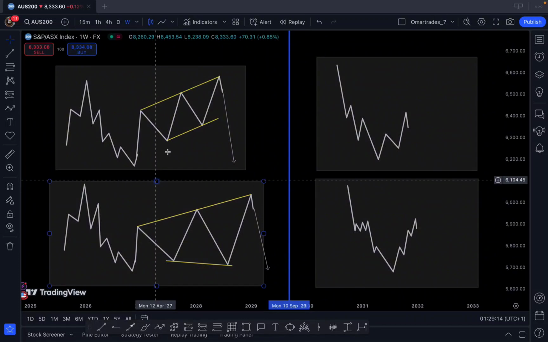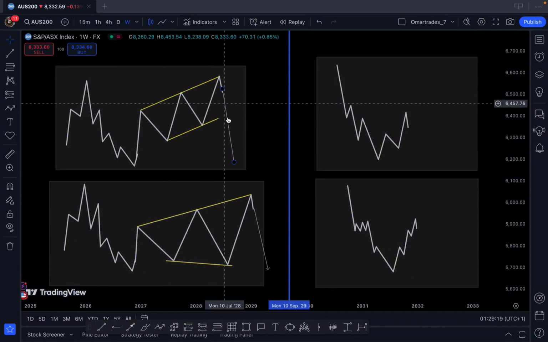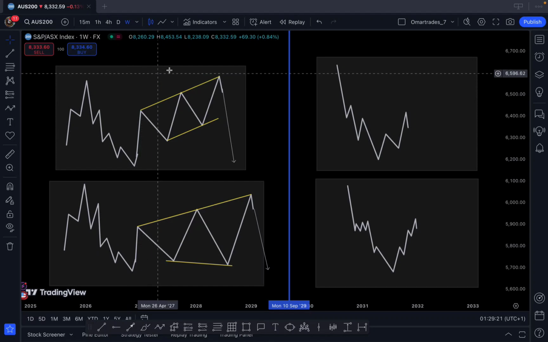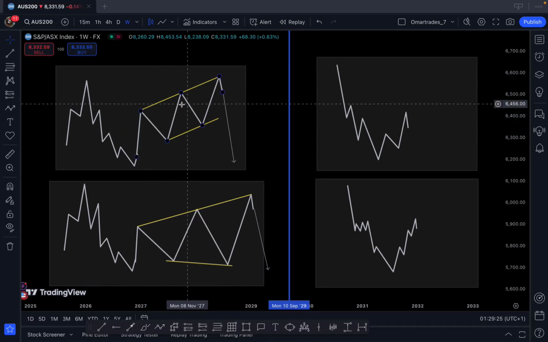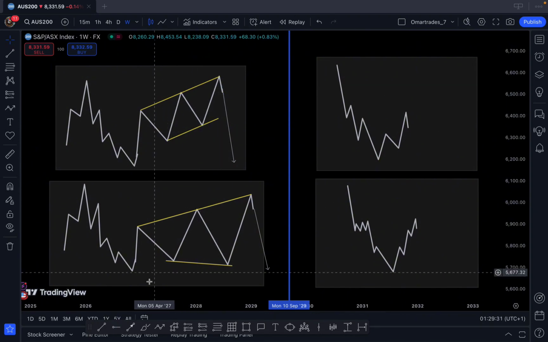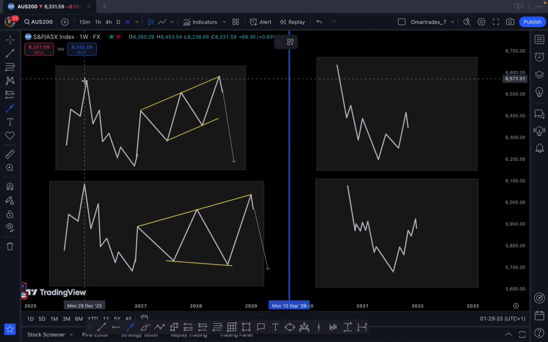Now, what will increase the probability of this one actually committing to the downside? The pattern in isolation works. It works where you have 1, 2, and 3. But it is best if we have a high, let's say a daily or weekly high, supporting this pattern.